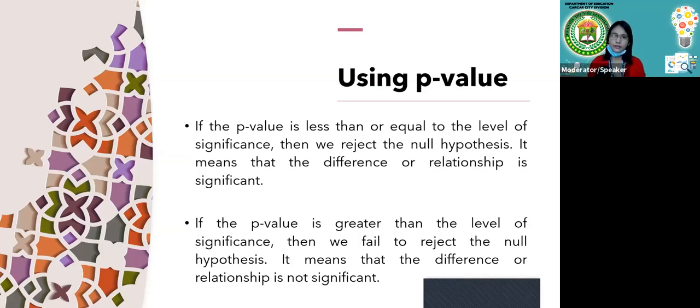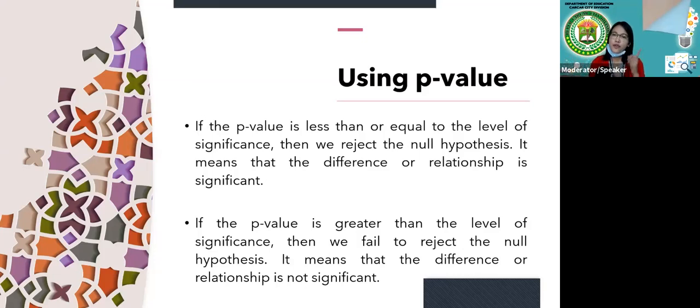Now, what if the computed p-value is greater? Let's say the computed p-value is 0.1. Comparing 0.1 and 0.05, 0.1 is greater than your level of significance, which is 0.05.